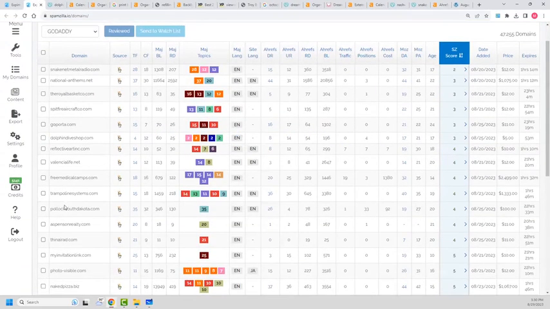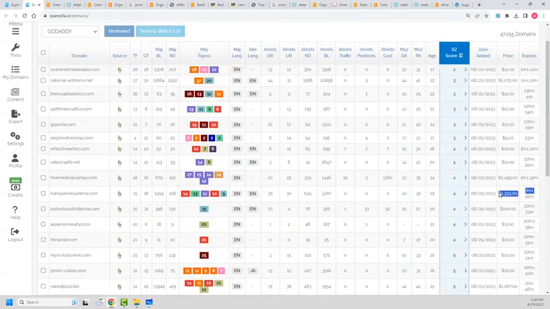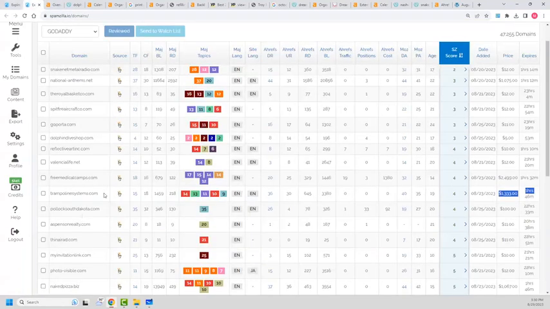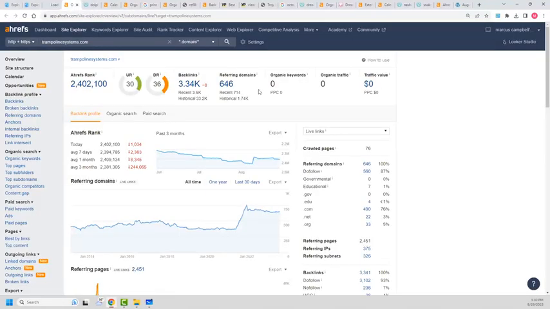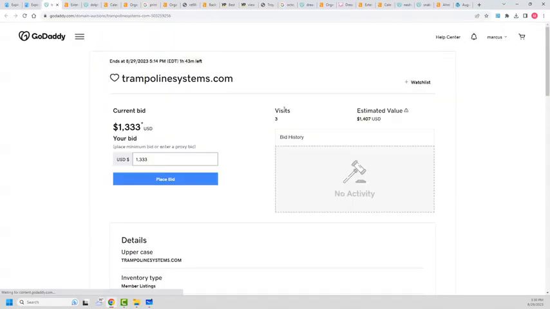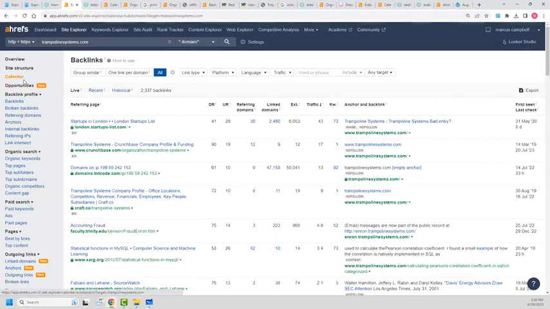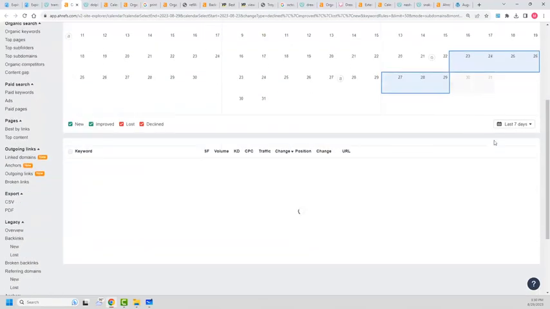All right, let's see. Trampoline systems. Okay. This looks like that guy again. Those prices are usually that guy that's pumping and dumping. Yeah. Let's see if it is. Yep, there he is. And that is a dump. That thing took a dive, rather.